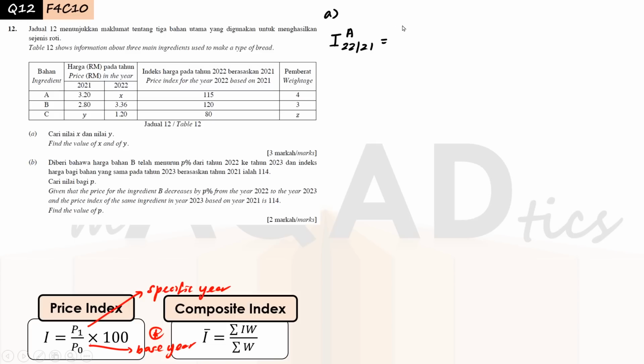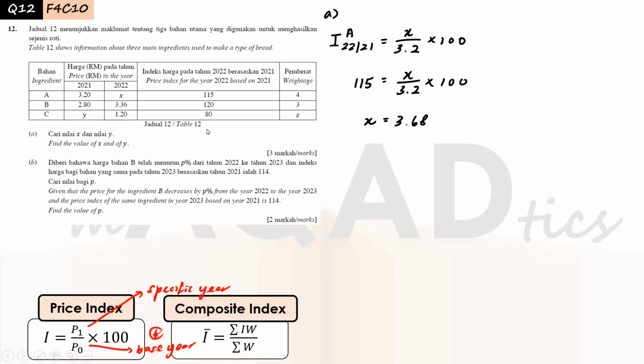The prices from 2022 will be put on top, which is X. The prices from 2021 will be put at the bottom, which is 3.2, and I'm going to multiply by 100 here. Now I substitute the price index, which is 115, and rearrange this equation to find the value of X.